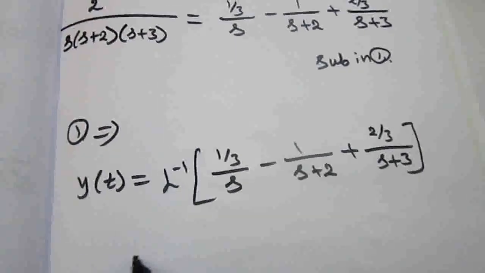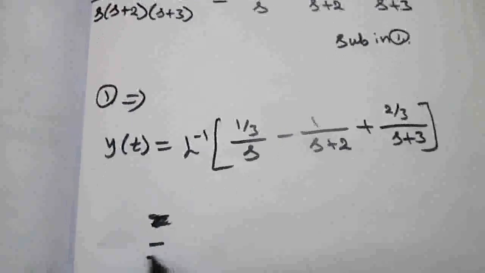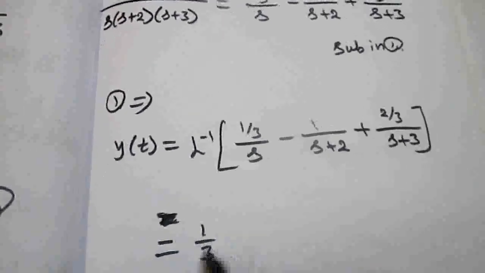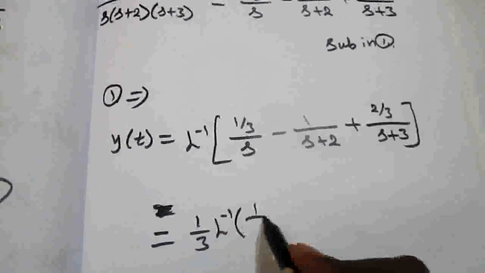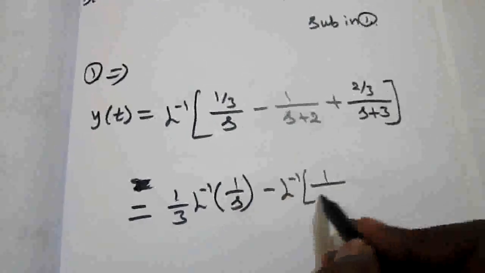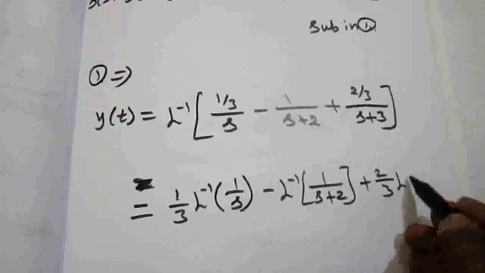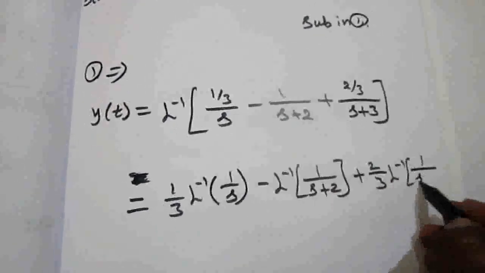Okay, now I am going to take L inverse inside. So 1 by 3 into L inverse of 1 by s minus L inverse of 1 by s plus 2 plus 2 by 3 into L inverse of 1 by s plus 3.